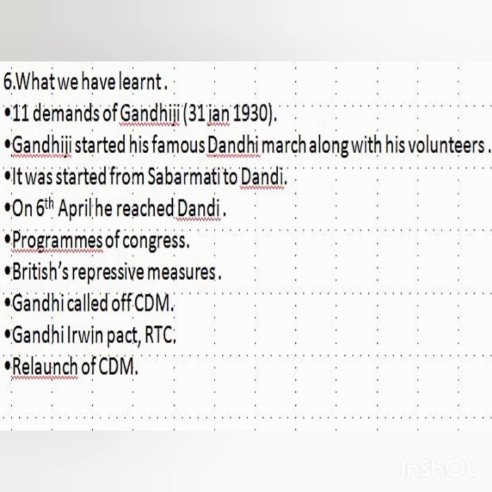On 6th April, he reached Dandi. Programs of Congress, British repressive measures, Gandhi called off the civil disobedience movement, the Gandhi-Irwin Pact, then the second roundtable conference, then Gandhiji again relaunched the civil disobedience movement.